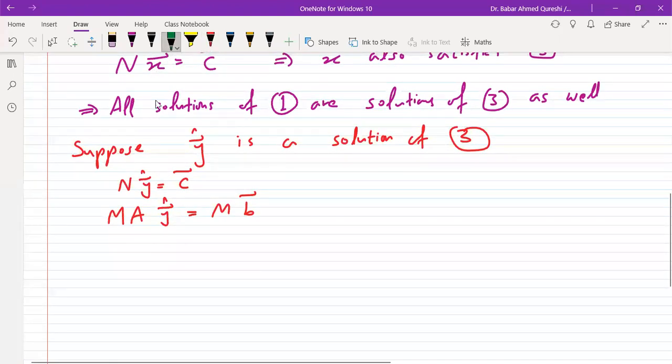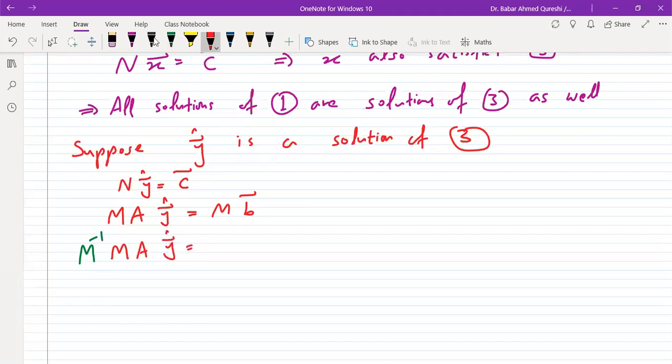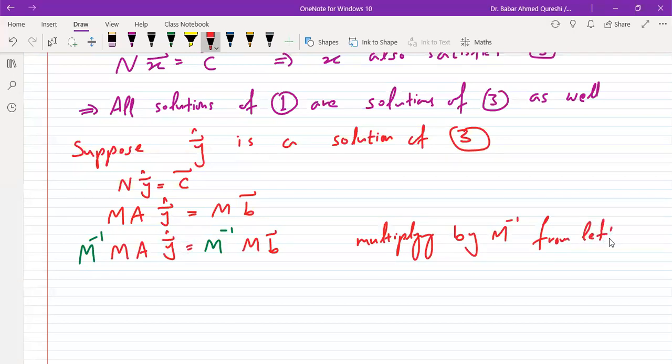Now, because I assume that this M is invertible, I can multiply from the left by its inverse on both sides. So multiplying by M inverse from the left. And why? Because M is non-singular.